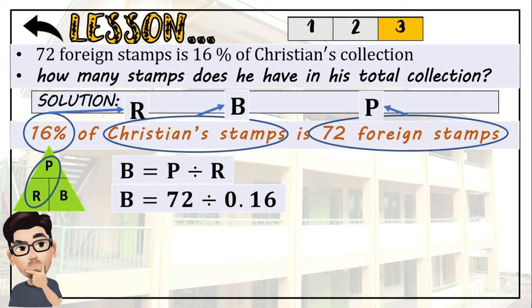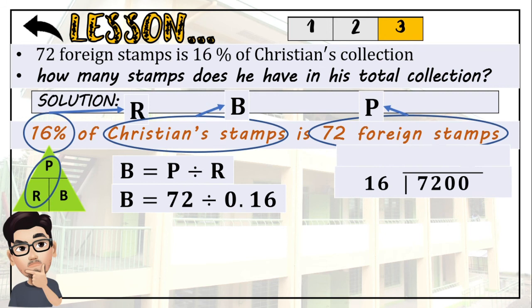Now, let's divide. 72 divided by 0.16. Remember to make the divisor into a whole number by moving the decimal point. Kung ilang beses mong minove yung decimal point sa divisor, that will be the number of times na i-move mo siya sa dividend. Okay, so we move 2 times para maging 16. Then we move 2 times sa dividend, so magkakaroon ng dalawang 0.